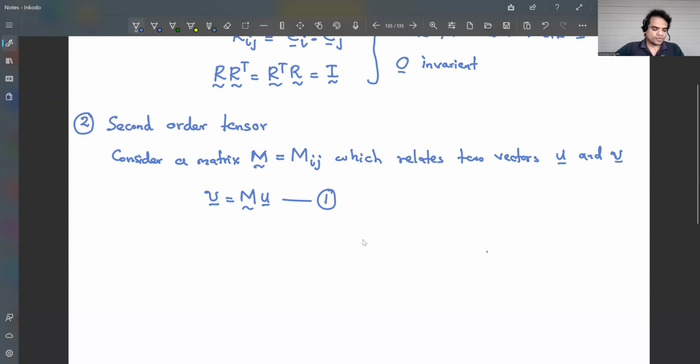So now I'm going to consider in a similar way two vectors. Let's consider a vector V. Now I am considering vector V in the rotated coordinate system.